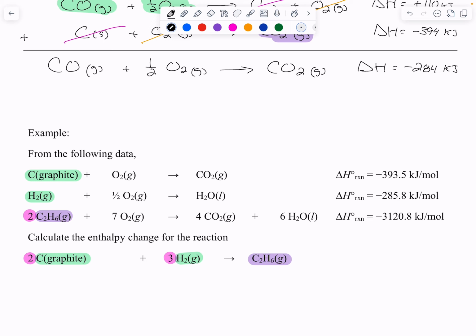So it looks like I need to double the first reaction, which means we double delta H. The second one, it looks like I need to triple. And the third one looks like I need to flip and half.